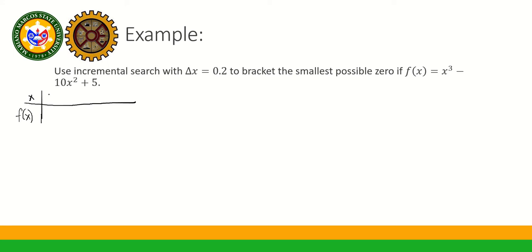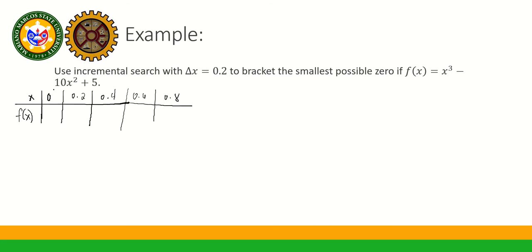So, let's start at 0, tapos 0.2, and then 0.4, 0.6, and then 0.8. Okay?